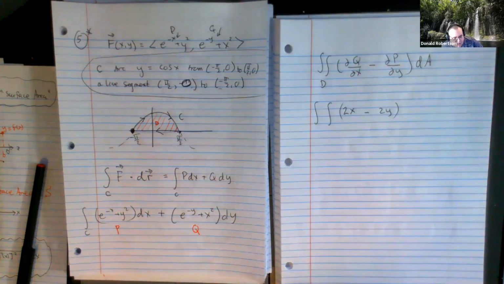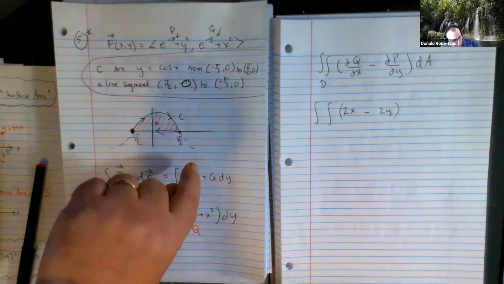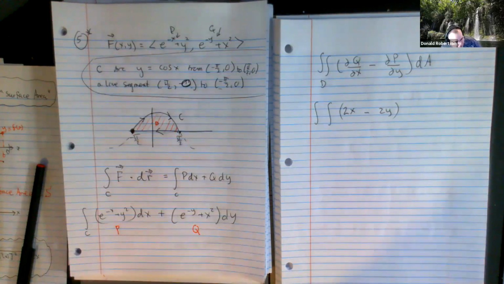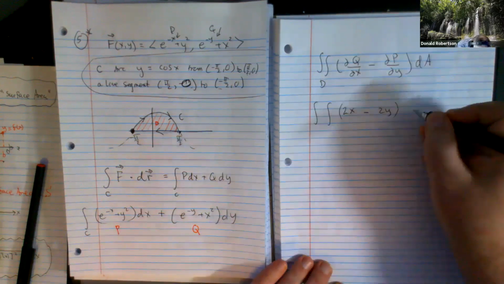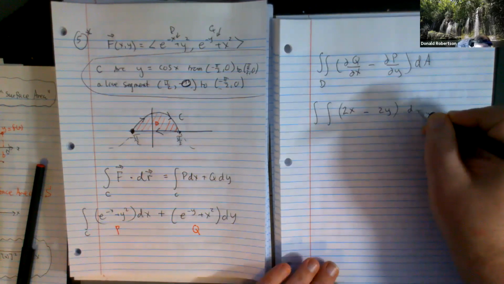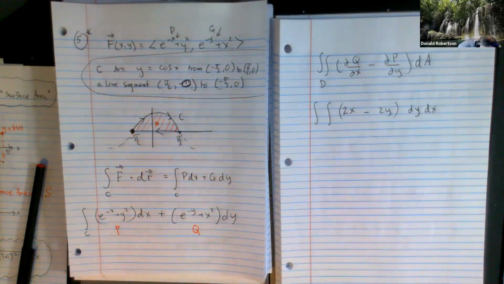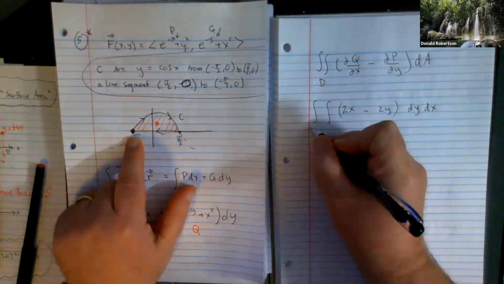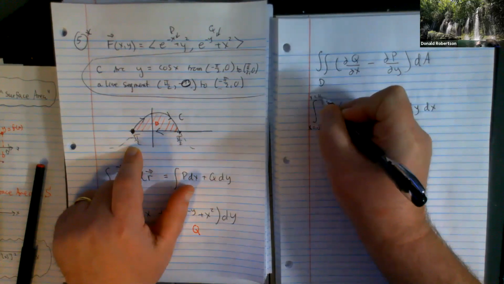This particular thing might look like half a circle, but it's actually a cosine curve. So I'm not going to do any polar on this. I'm going to do a dx dy. Actually, I'm going to do a dy dx if I'm being exactly specific. And the x's are going to go from negative pi upon 2 to positive pi upon 2.